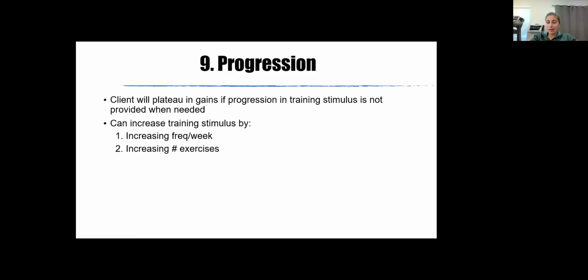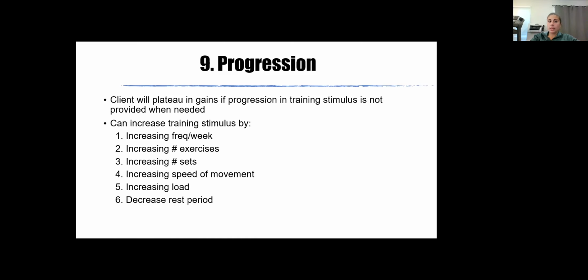So therefore, you could add more exercises, add some sets, increase the speed of the movement, so focusing on some speed, a little bit of power potentially, increasing the load, decreasing your rest periods. Again, shorter rest periods will make it harder. For strength, I might not recommend that if you are going heavy. And then again, as we talked about, variation in doing difficult versions of exercises.